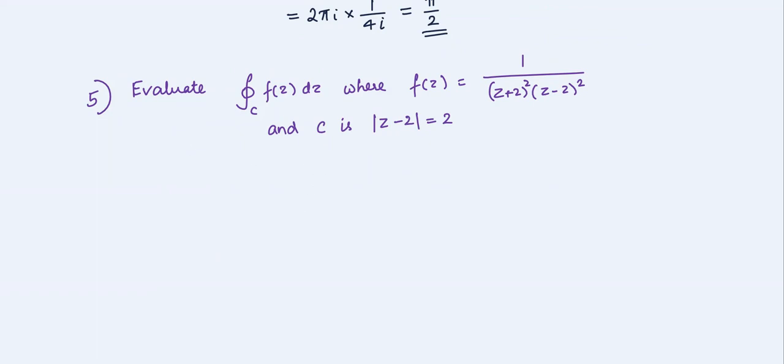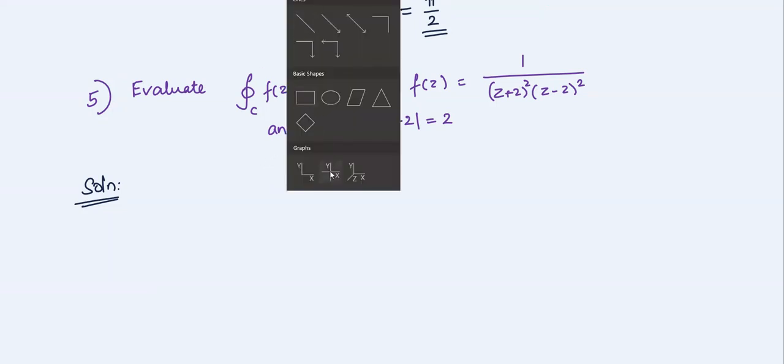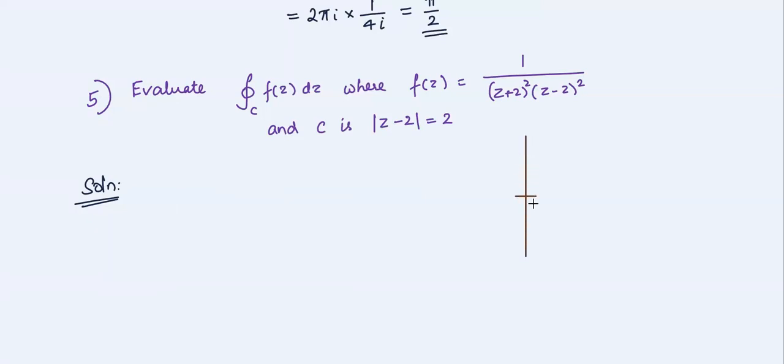So the very first thing to do in this problem is to identify which are the poles or singularity points that lie within this path of integration. So first of all, draw the path of integration.